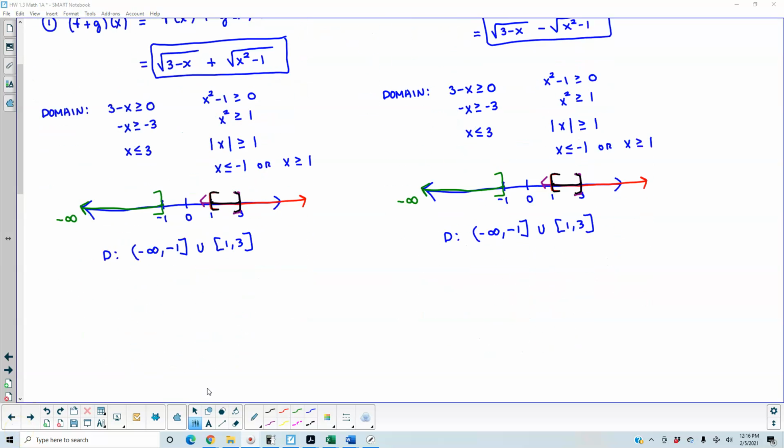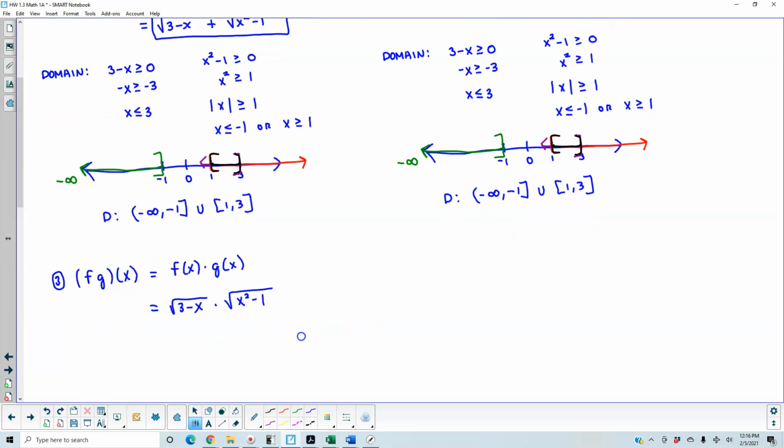Okay, next we have the multiplication. So we have f times g of x, which is equal to f of x times g of x. So we have the square root of 3 minus x times the square root of x squared minus 1.